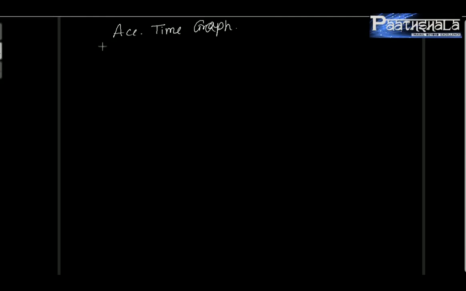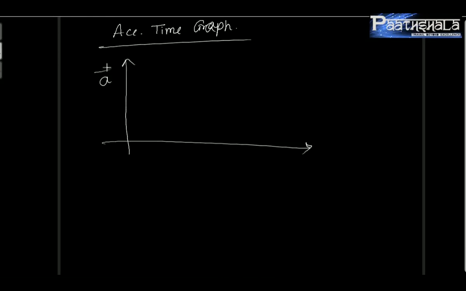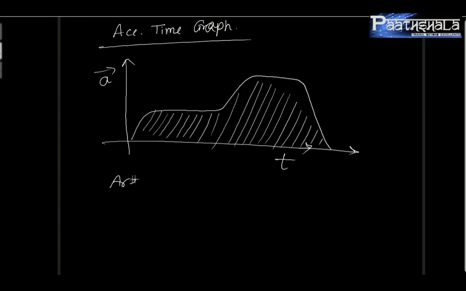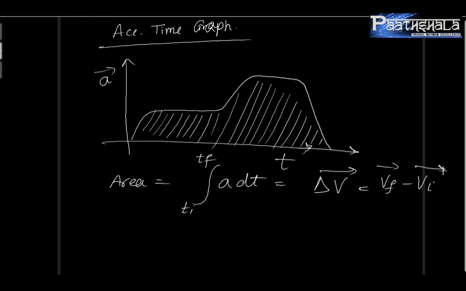The area under the acceleration time graph is going to represent integration of a dt, and integration of a dt from initial time to final time is nothing but change in velocity, delta v. This is vf minus vi.